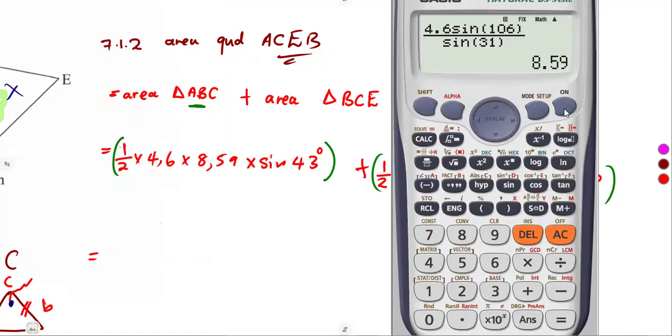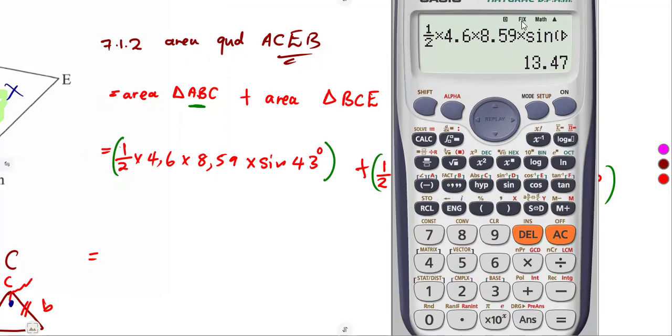Simplify. That is 1/2 times 4,6 times 8,59 times the sine of 43 degrees. So we close the bracket. Did we open the first bracket? There was nothing, so just like this. That is 13,47.